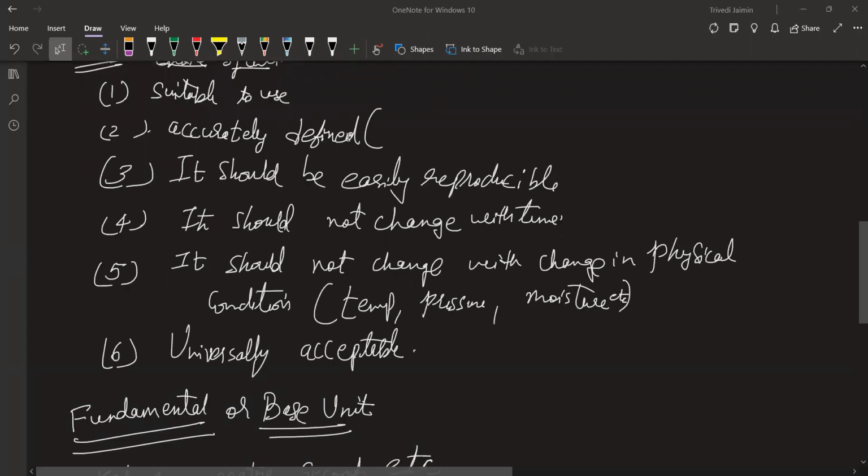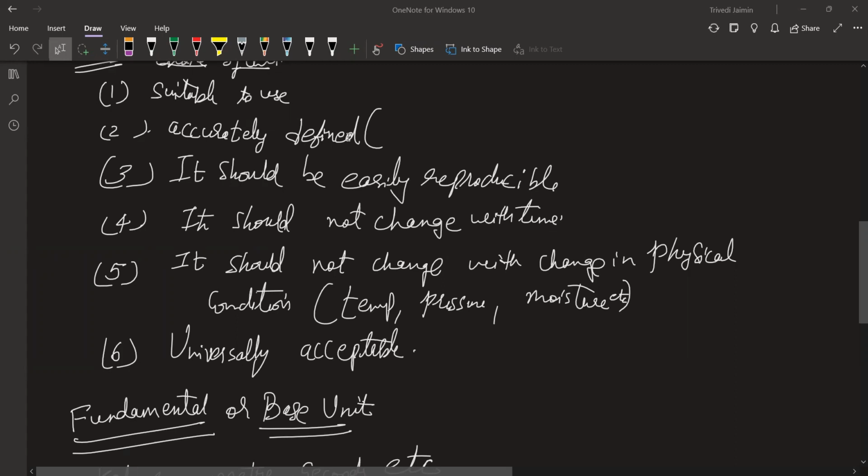Easily reproducible means, just now we gave the example of the meter, right? Meter was a unit for length. We are easily reproducing it. Generally we won't say length in kilometers or centimeters; first it will come to our mind that it is meter.